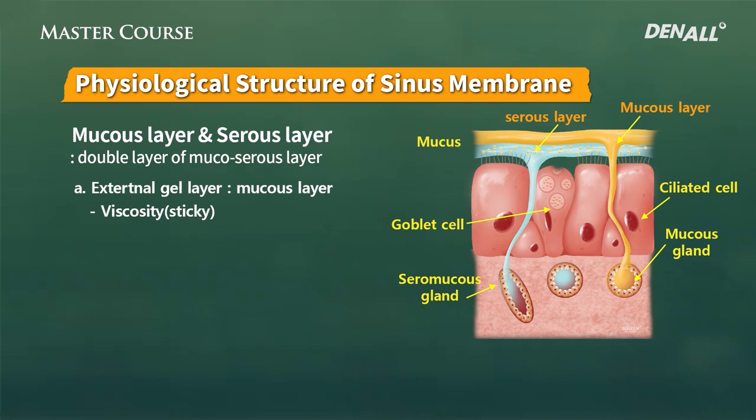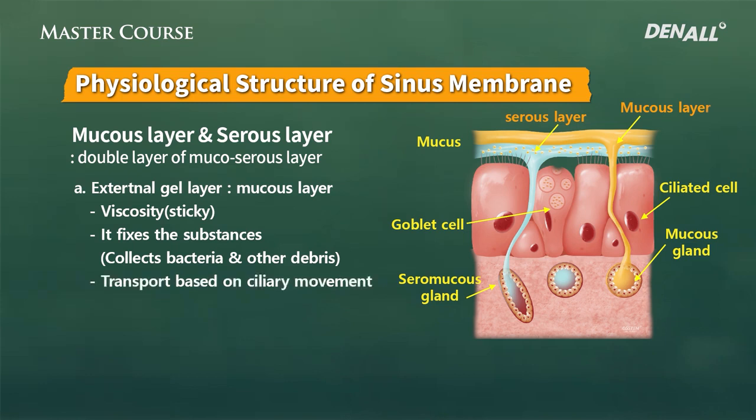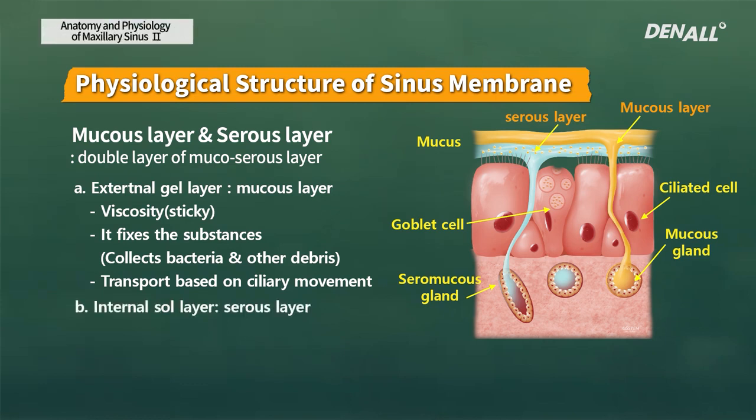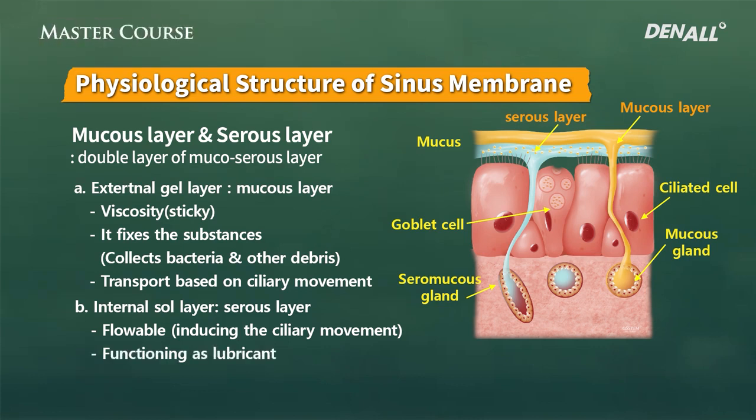So it collects bacteria and other debris in the sinus, and it fixes the substances and transports them. And below it, there's an internal salt layer, a serous layer, to facilitate the flow, including the ciliary movements. So that is a serous layer. It functions as a lubricant.